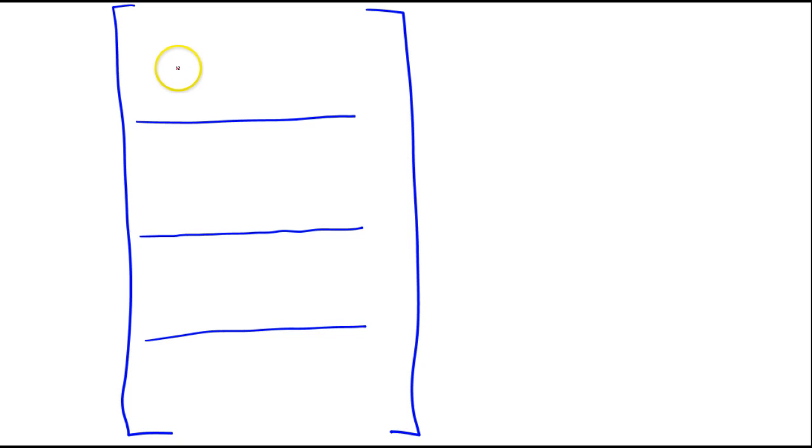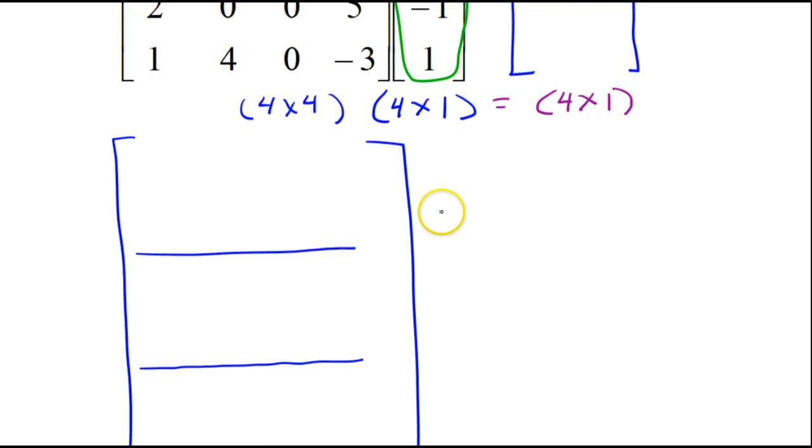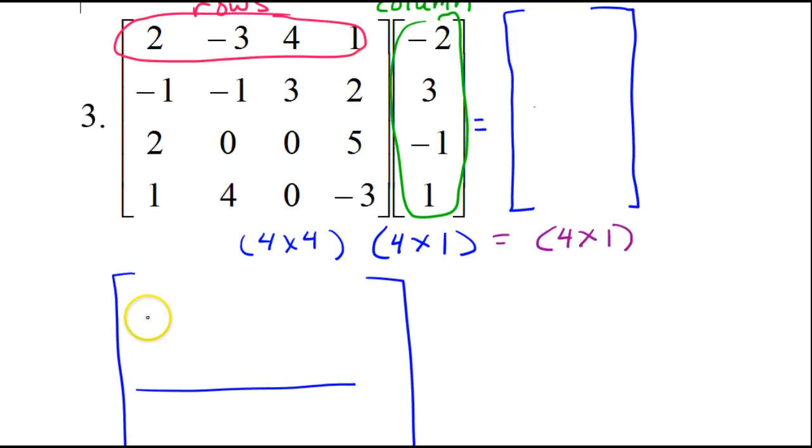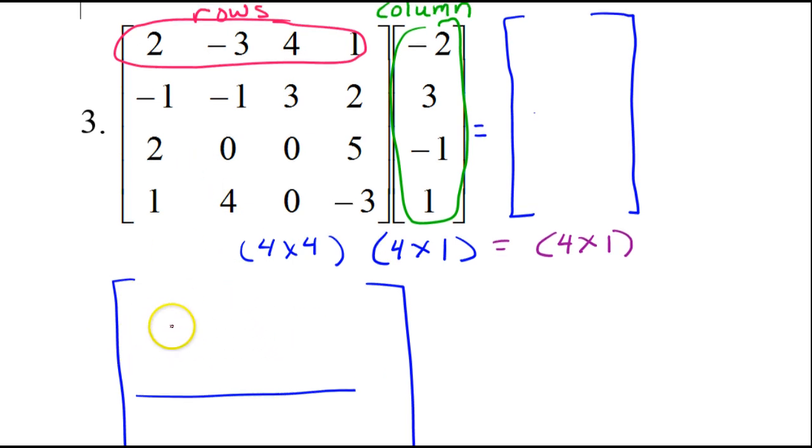But notice I have 4 rows and 1 column in my empty matrix. So first let's set up for this element, which is in row 1, column 1. So that means I need to multiply row 1 times column 1.